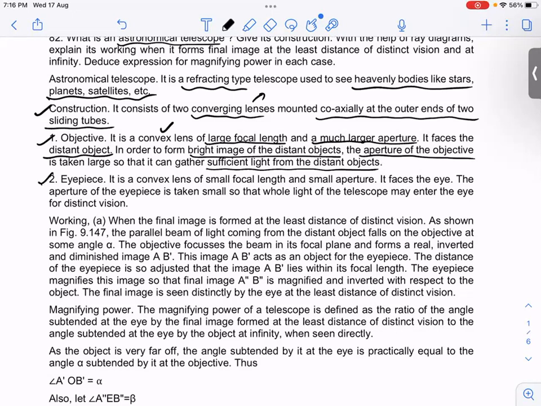Second is the eyepiece. It is a convex lens of small focal length and small aperture, and it is the one which faces the eye.